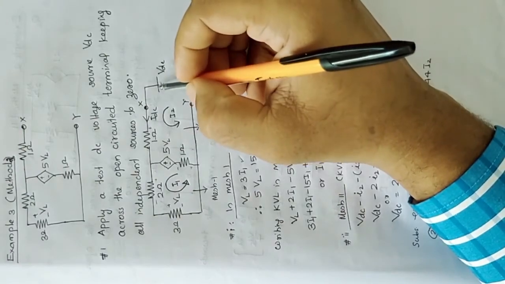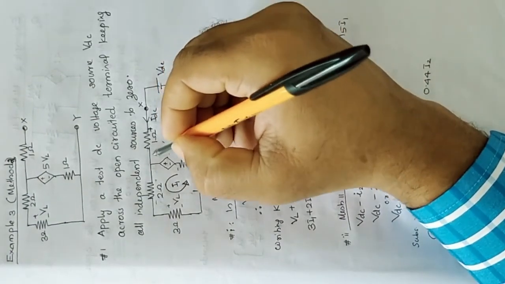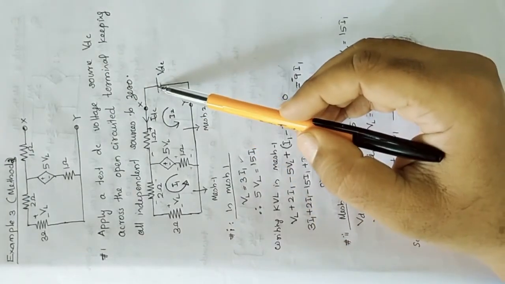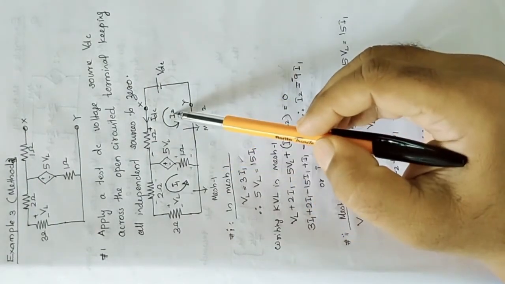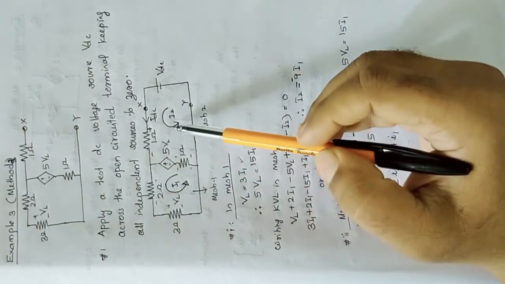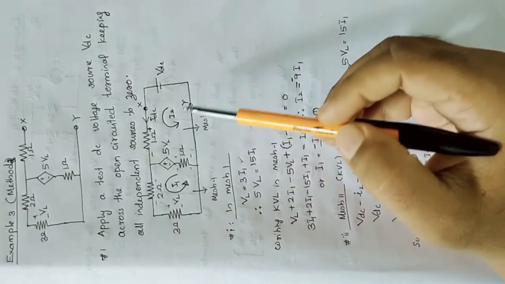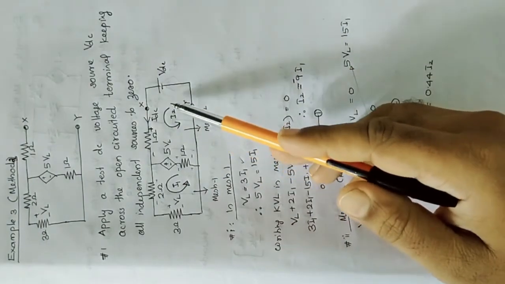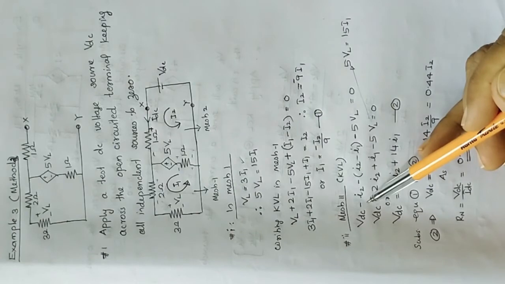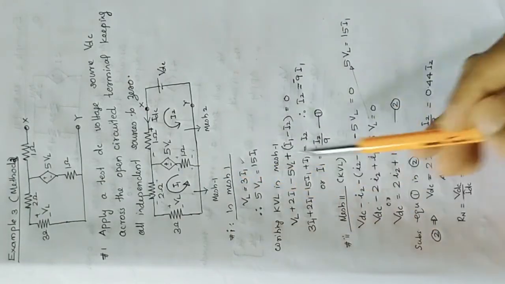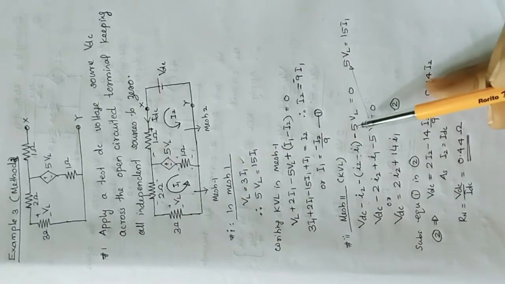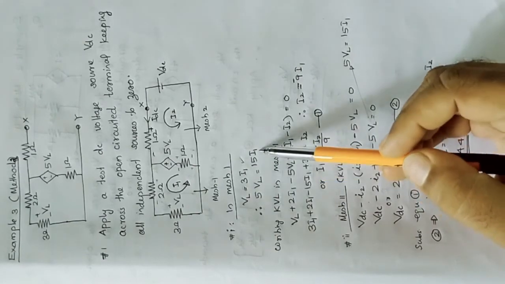So this is plus VDC. We can mark the polarity like this when we are considering mesh 2. So VDC minus I2 into 1 minus (I2 minus I1). Why? Because these two currents are in opposite directions. So the KVL equation becomes VDC minus I2 minus (I2 minus I1) minus 5VL is equal to 0. We know 5VL is equal to 15 I1.